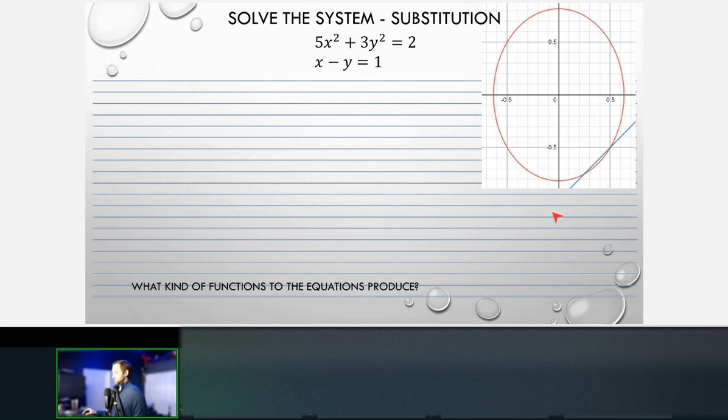How many solutions will we find in this system? And how do we know it's 2? There are 2 intersections. Well, Brady, your reasoning is actually not true, because you could have 2 variables and have like 4 answers.